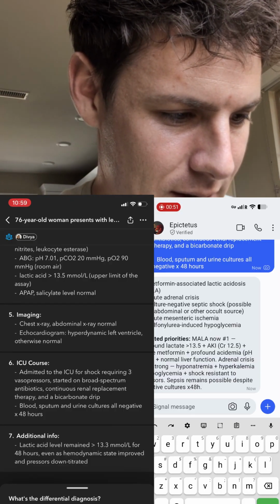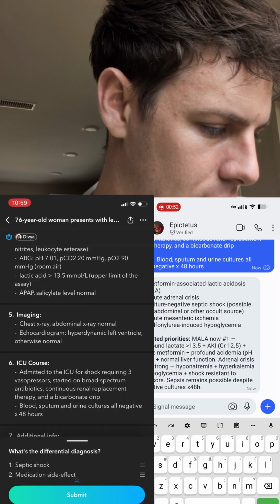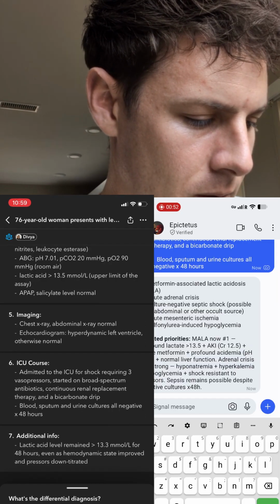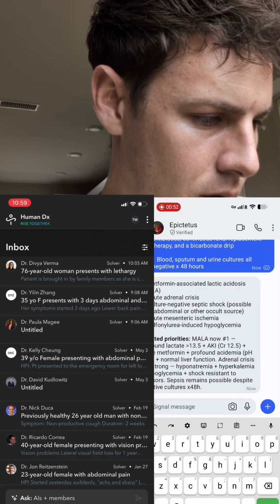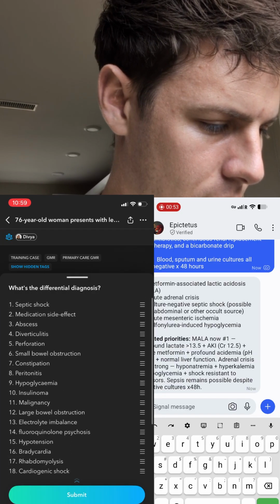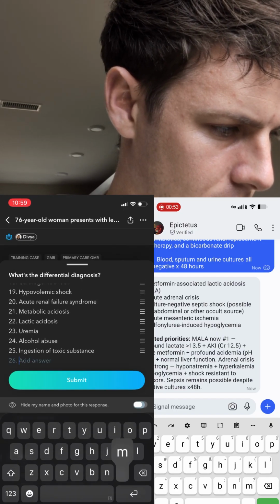Let's see what the final diagnosis is. If I can get this thing to work. Let me just make sure. I guess I put in medication side effect, which would kind of cover that, but let's just make sure we have it specifically.